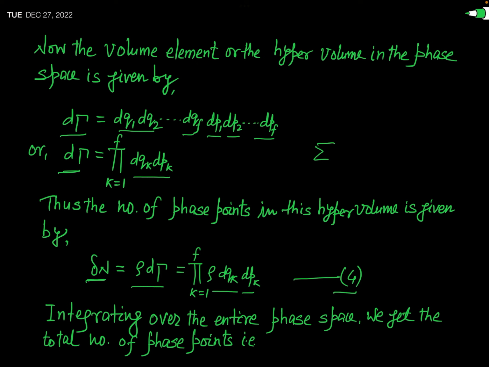So for getting the total number of phase points in phase space, you simply integrate this equation 4 for all space, that is all phase space.